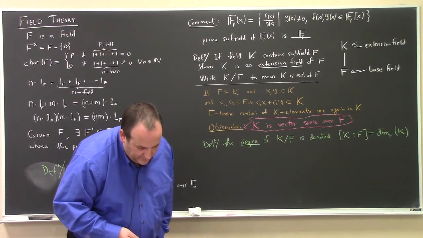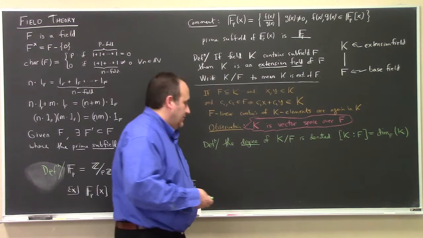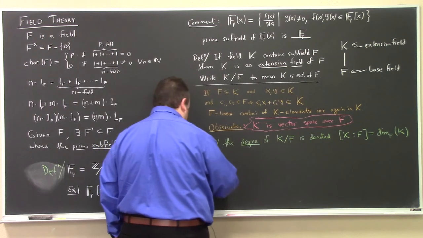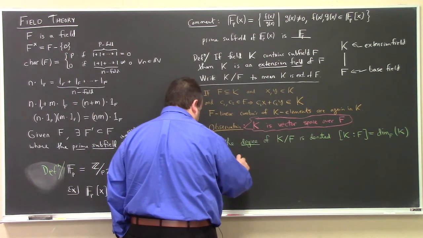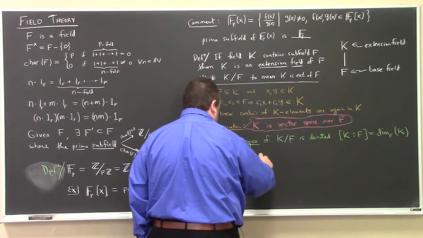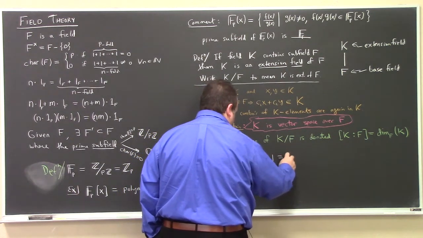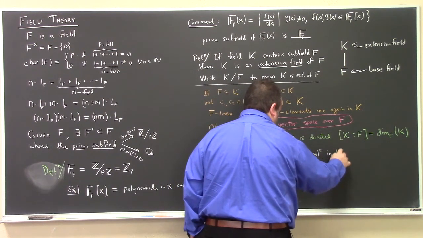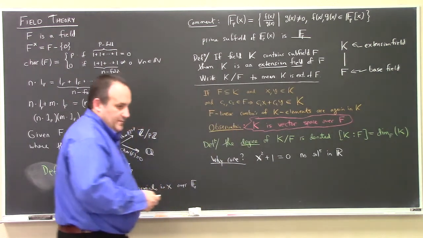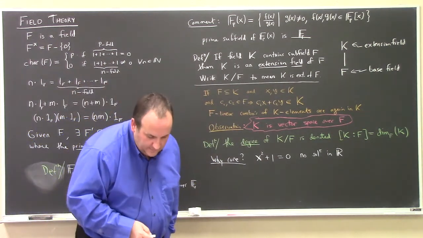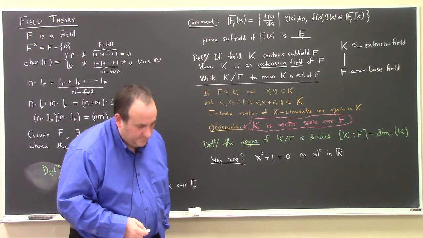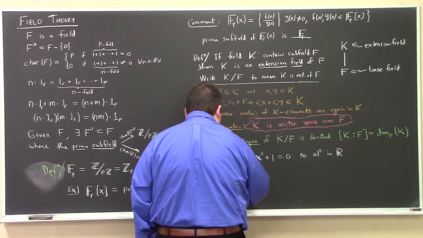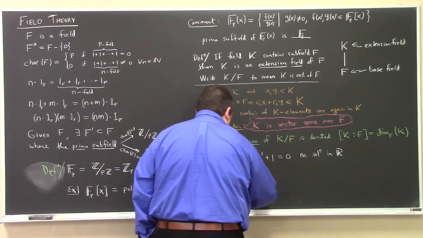And so, what prompted this whole investigation? Why do we care? So, x squared plus 1 equal to 0 has no solution in R. But, as you know, if we look at R extended by i, where i squared is minus 1, we know that that's the complex number system.